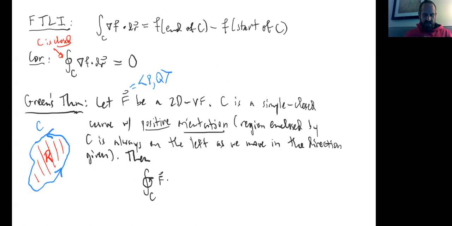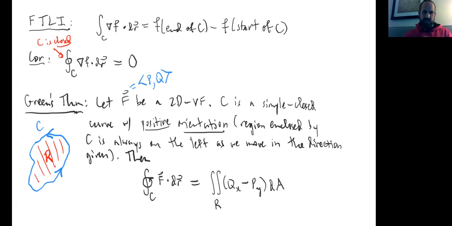Remember, if F was conservative, this would be 0, but we're not going to assume that F is conservative in this particular case. It turns out that this is equal to the double integral over R, the region that C actually encloses, of the x derivative of the second coordinate function, Q, minus the y derivative of the first coordinate function, P, dA.